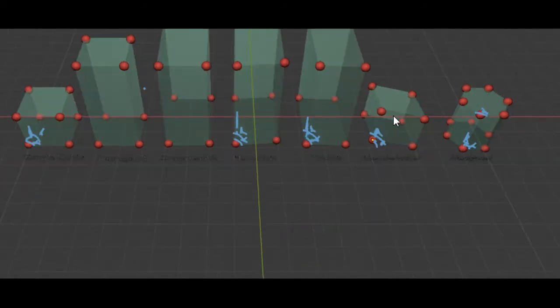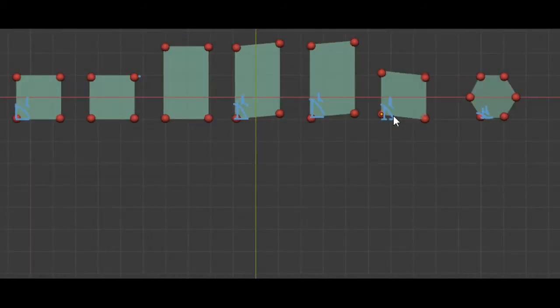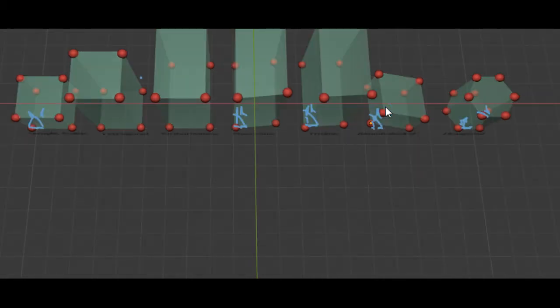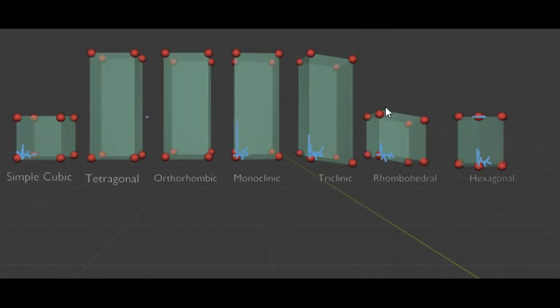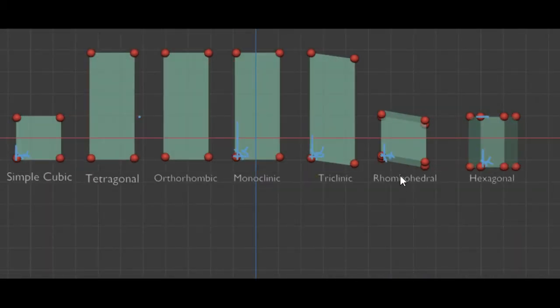So if I tilt it again a little bit to have a view from the top, none of the angle is 90 degrees, however they are equal, right? This is rhombohedral, that is the length, breadth and height are equal and all the angles are equal, but none of the angle is 90 degrees.